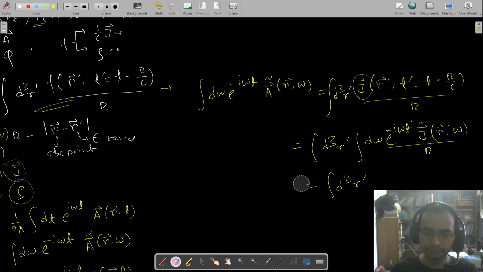So this t prime is divided into two parts. One is t and another is minus R by c. And so we're going to take the t part outside, so e to the power minus i omega t. Inside we'll have plus i omega R by c along with j tilde.